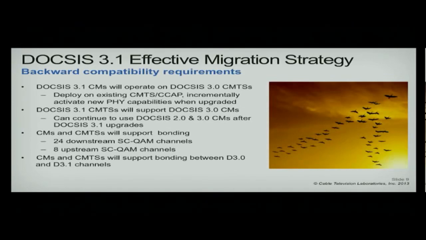They get deployed onto existing CMTSs or CCAP platforms, and then over time, as operators make their investments on the CMTS side, they can slowly turn on the new OFDM PHY and the new 3.1 features. And 3.1 CMTS also will support the existing 2.0 and 3.0 CMs out in the plant, so there's no need to go rip those all out right away either.